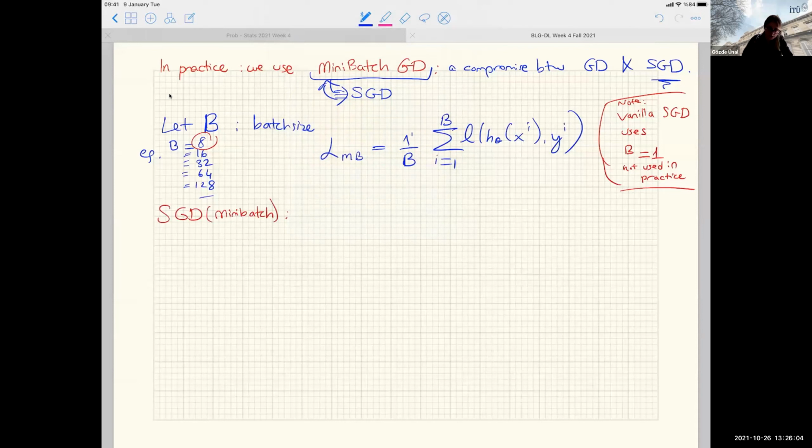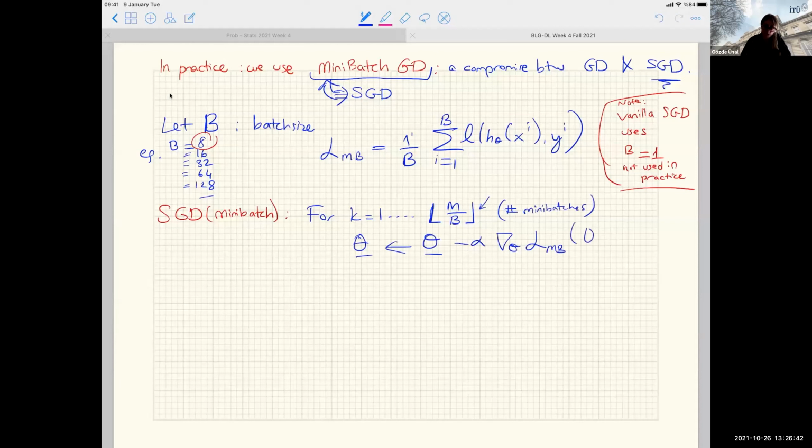Of course, for now our iterations are k from 1 to the number of mini batches, which is this one, right? This is, remember, flooring. So this is really the number of mini batches. I assume you are used to this symbol: theta minus alpha grad theta L. It's L or J, I'm using them interchangeably.